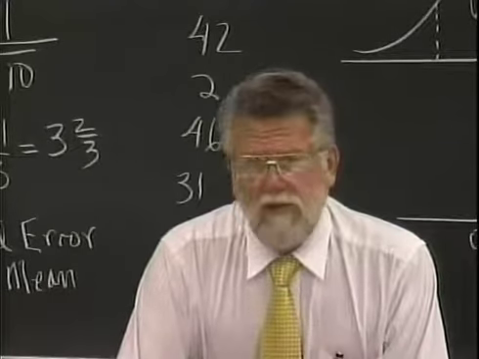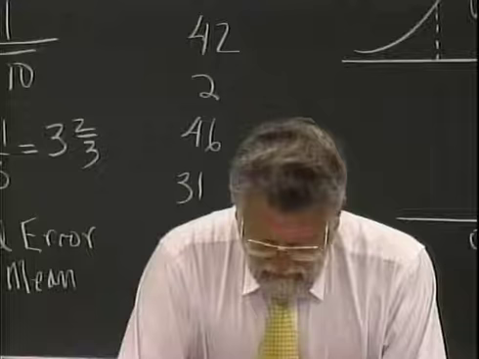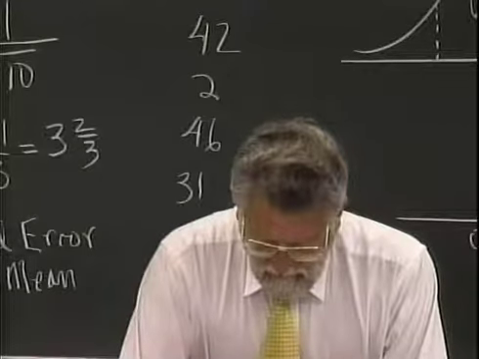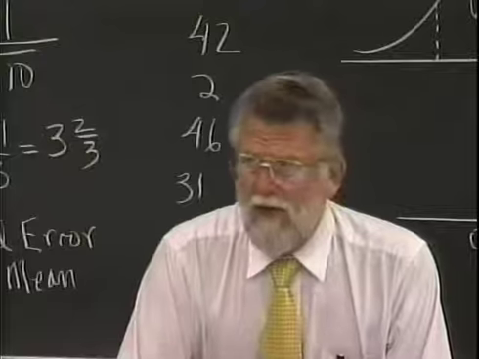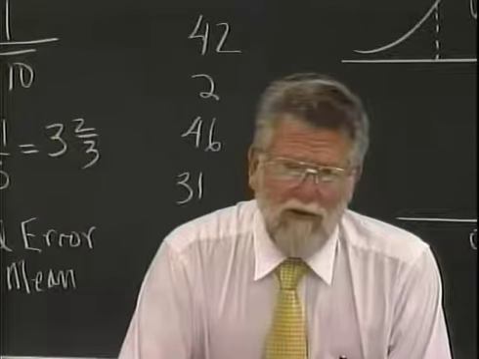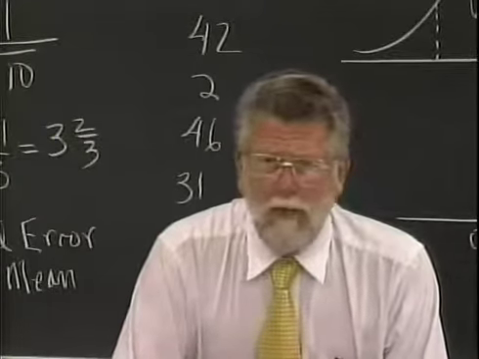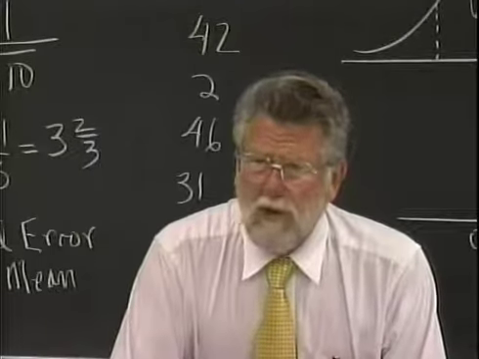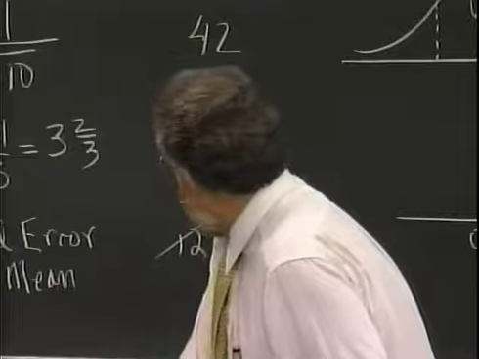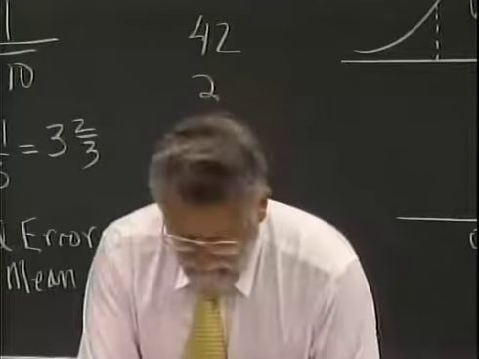It's the same problem, so I don't see a need to cover that. Part B, find the number z such that 35% of all the observations are greater than z. Okay, so that's 35% to the right. Take your 35 on the left. It's the same problem. So what we did in number 13 is the same way you approach number 31, so let's go on. That brings us to number 42.